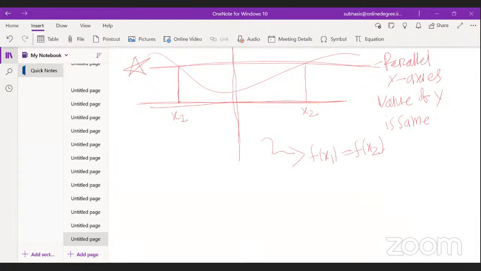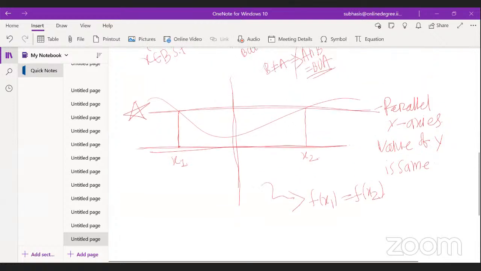So first you draw a line parallel to the x-axis and check whether that line cuts your graph. If it cuts your graph at more than 1 point, then that function cannot be 1-1. But if that line cuts at 1 point, you cannot yet say that the function is 1-1, because you have to do it for all the lines parallel to your x-axis.